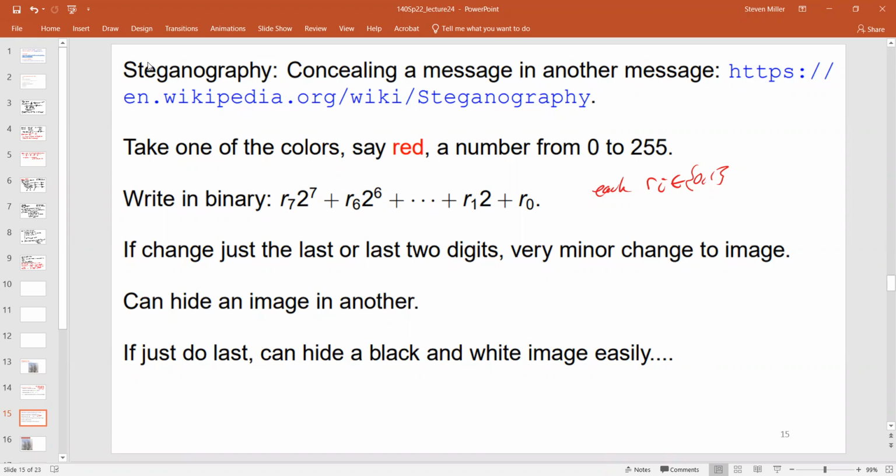So I have 4 possible colors for red, 4 for blue, 4 for green. So how many triples do I have? I have 4 choices for red, 4 for green, 4 for blue. 64. So okay, I don't get the 120 Crayola box, but I get the 64 Crayola box. That's not bad. I can give myself 64 colors just by changing the last 2 digits.